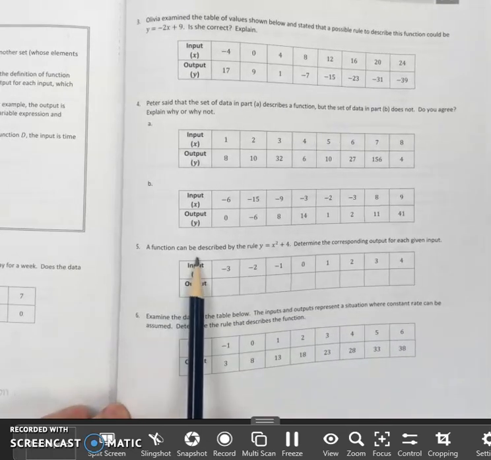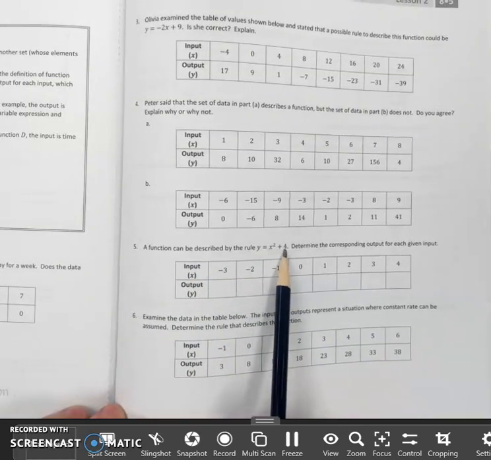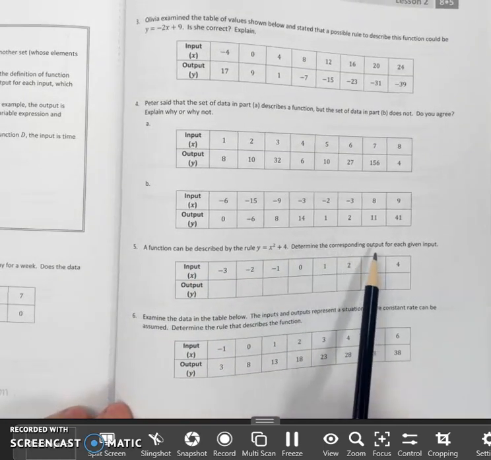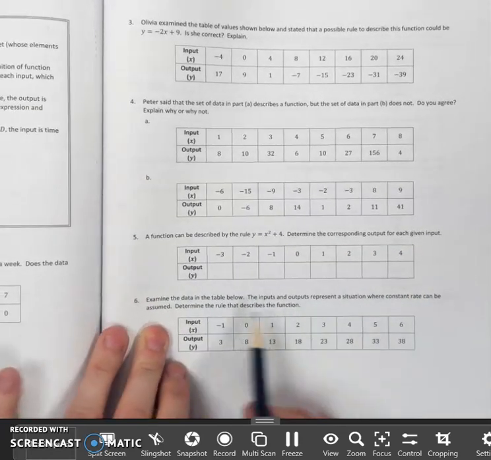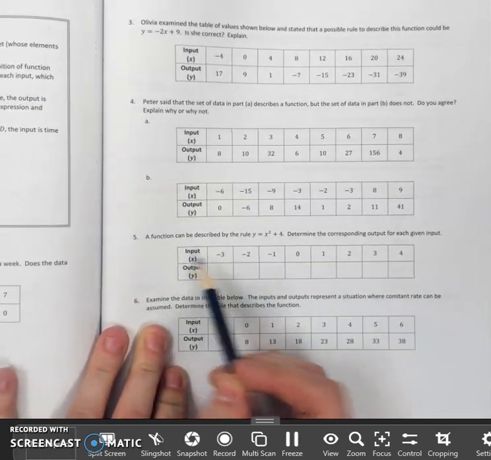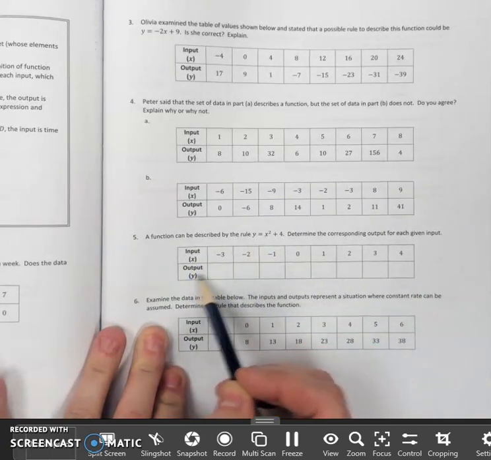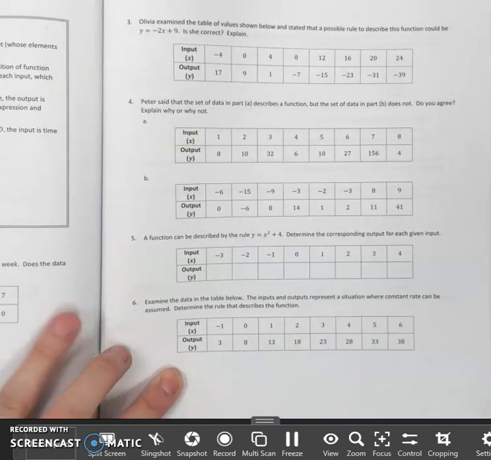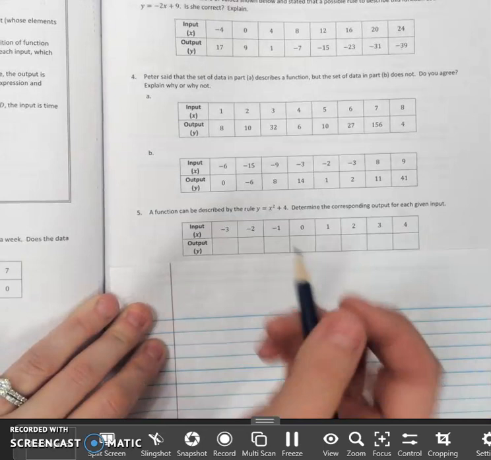Number 5, a function can be described by the rule y equals x squared plus 4. Determine the corresponding output for each given input. So on a question like this, it's asking us, our input of x, when we plug it in here, what is our output, y? For these, I'm going to grab a sheet of paper and do the first couple for you.